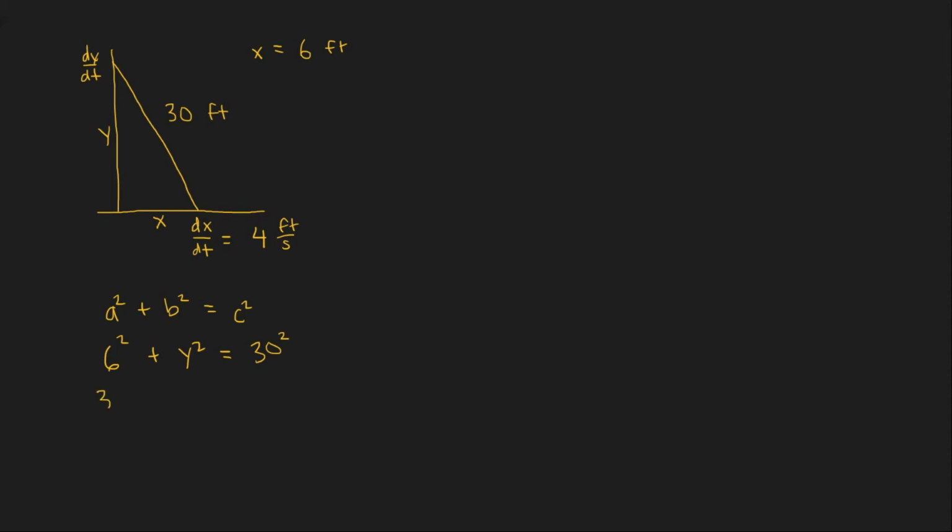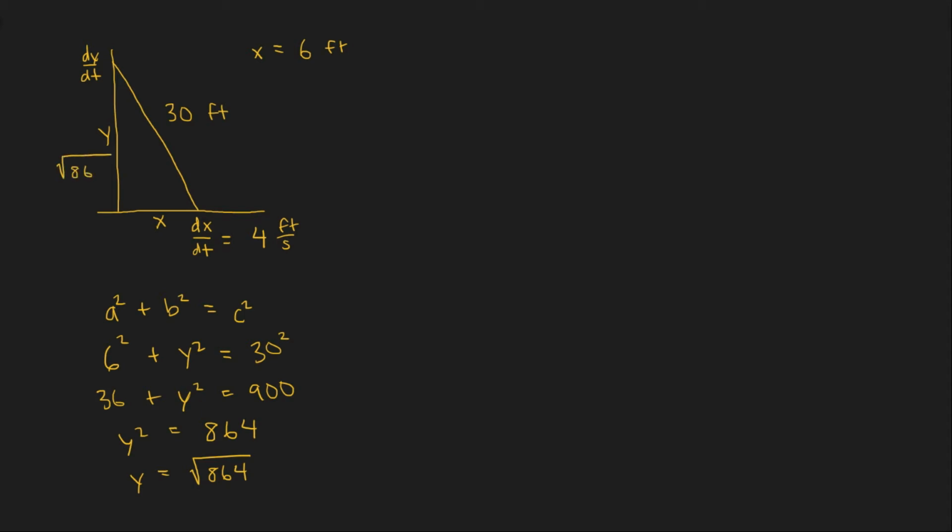So 6 squared is 36 plus y squared equals 900. y squared equals 864. And we get that y is equal to root 864. So let's label that.